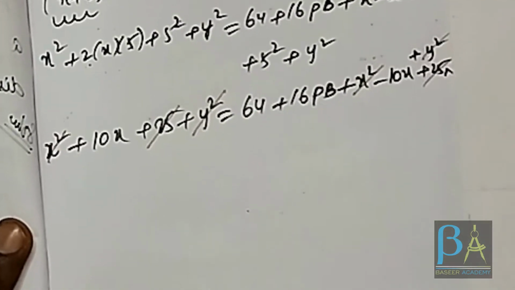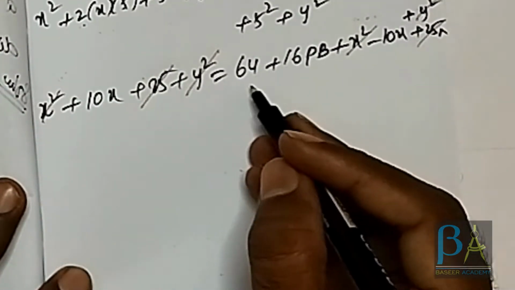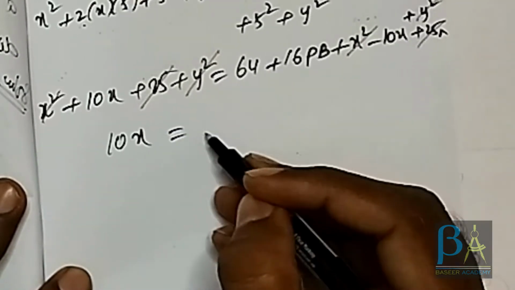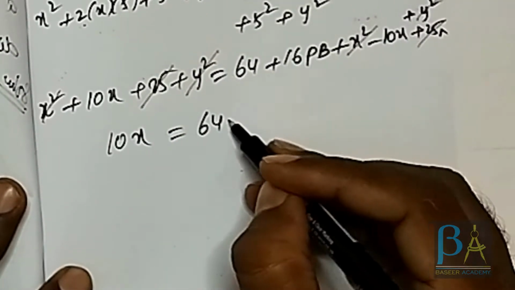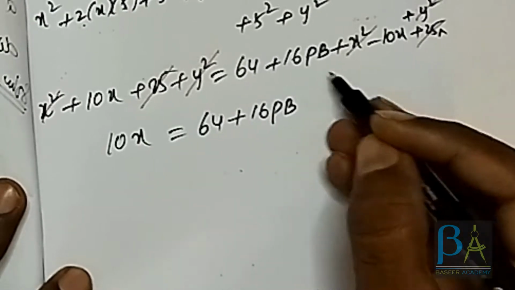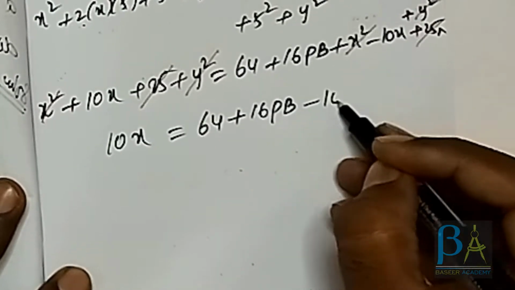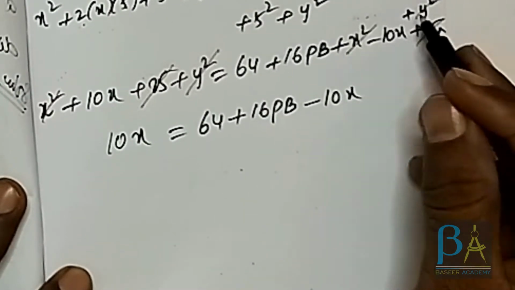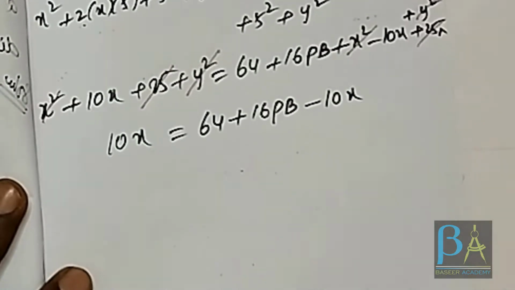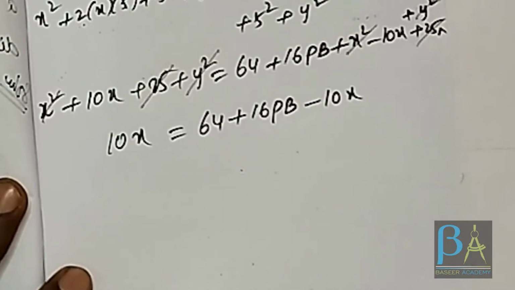Let me write what is left out here. I am left with 10x on the left hand side, and then on the right hand side 64 plus 16 PB minus 10x. These are the terms that are remaining on the right hand side.